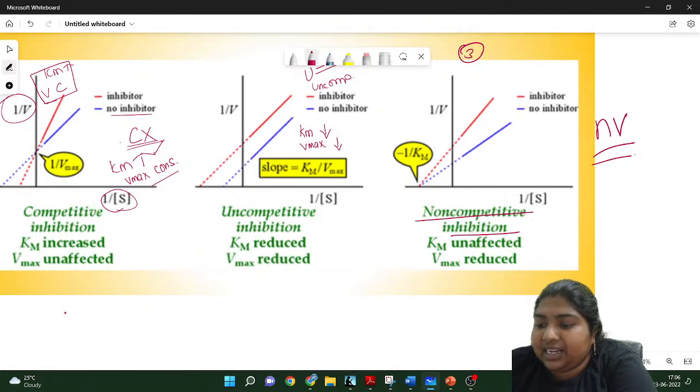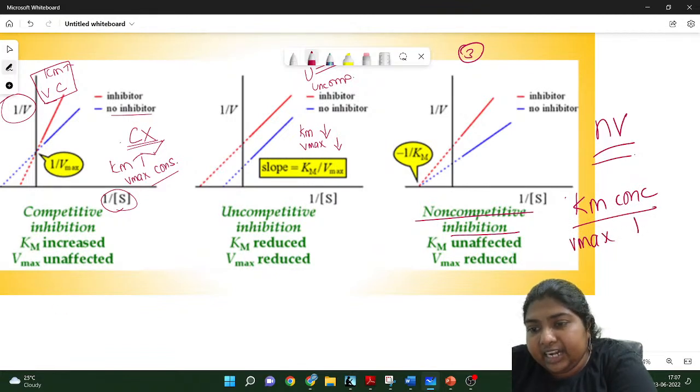Non-competitive inhibition. So in non-competitive inhibition, what happens? Km is constant, but Vmax is reduced.